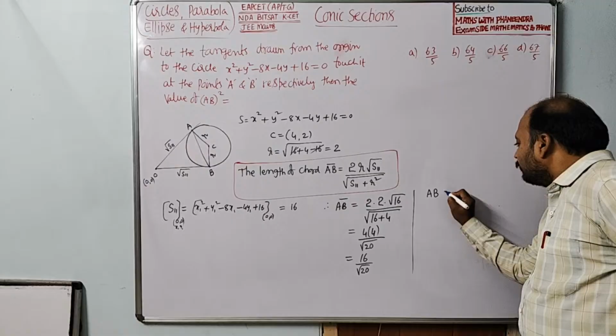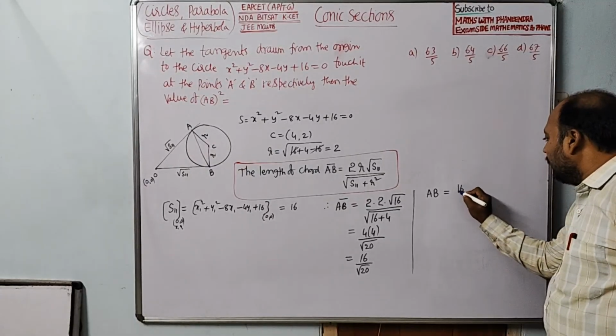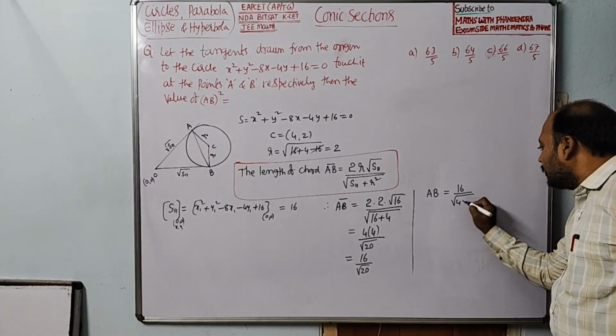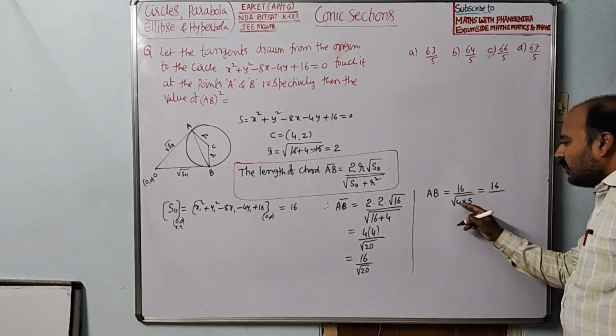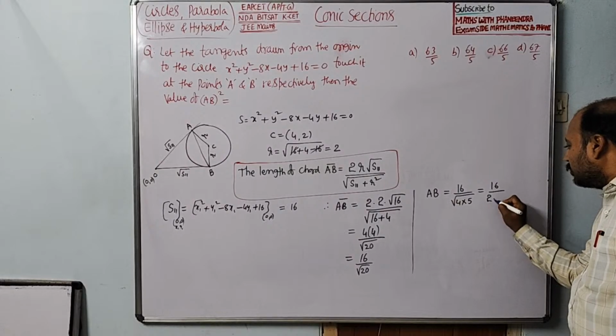AB is equal to 16 divided by root 20, where 20 can be written as 4 times 5 under root. So 4 comes outside of the root, and it becomes 2 root 5.